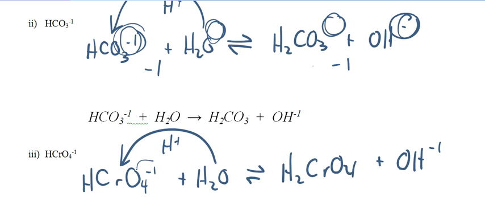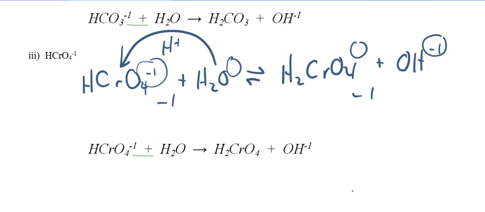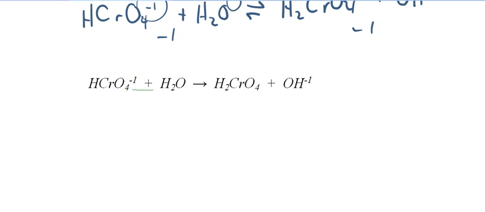Okay, -1 plus 0 equals -1, 0 plus -1 equals -1. Alright, not difficult, I hope. And again, with these types of problems, all we're doing is moving one hydrogen, and we're moving one hydrogen, period.